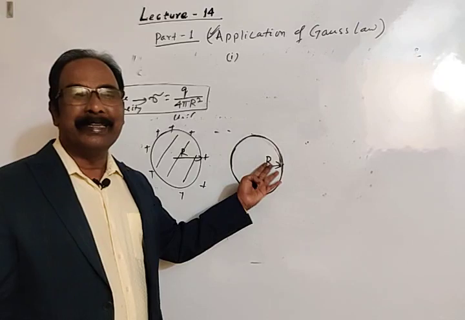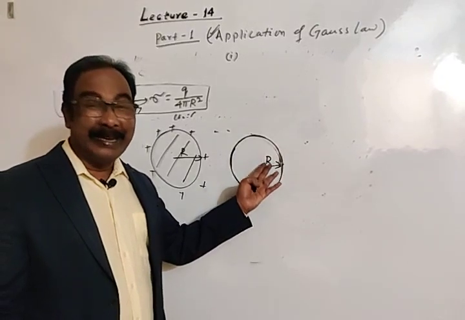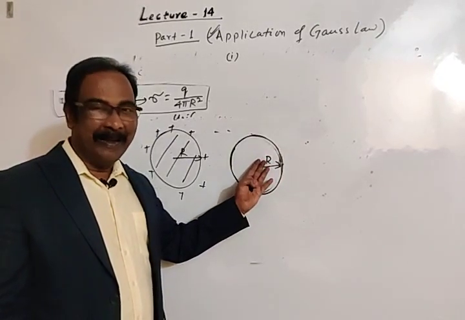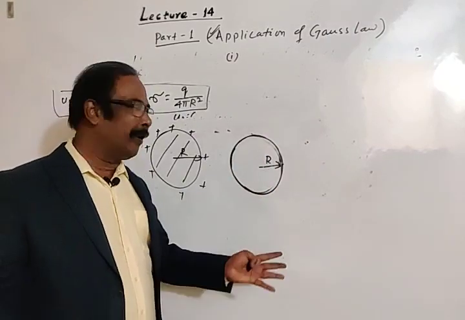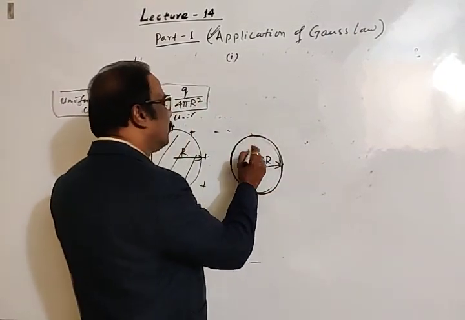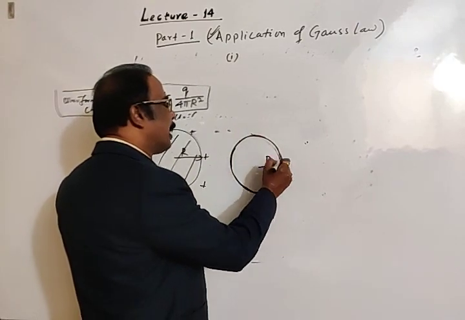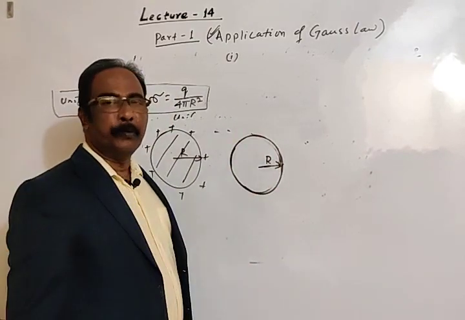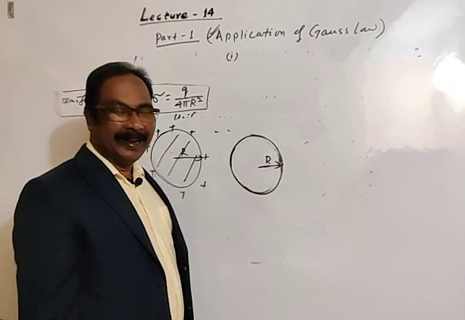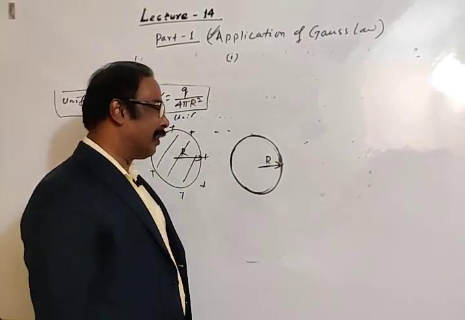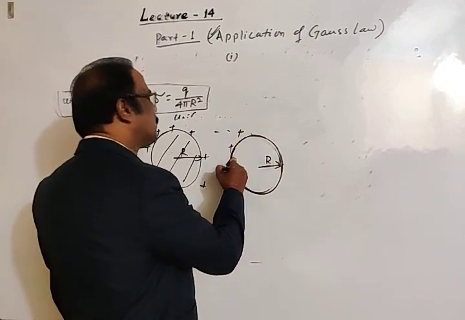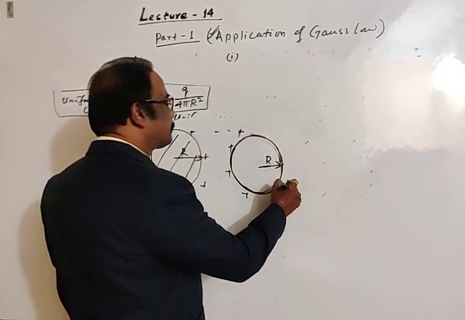We imagine this is evacuated. There is no material particle inside the sphere. So if there is no material particle inside the sphere, there is no charge, or charge inside the sphere is zero. Hollow sphere or conducting or non-conducting thin spherical shell, then obviously total charge will reside on the surface.